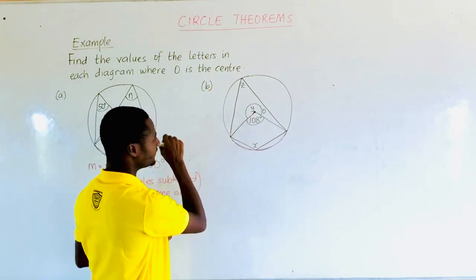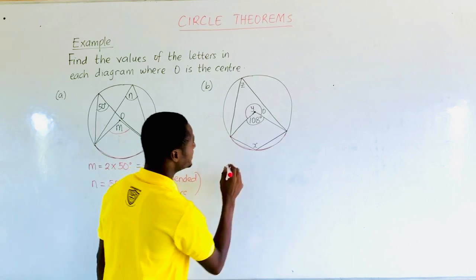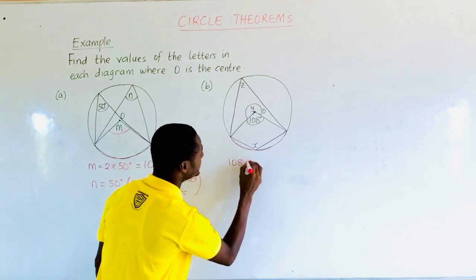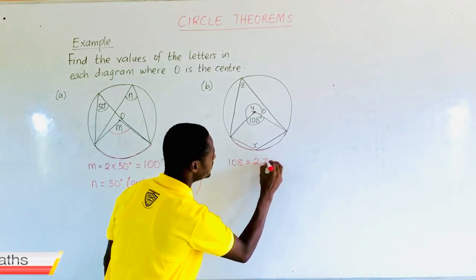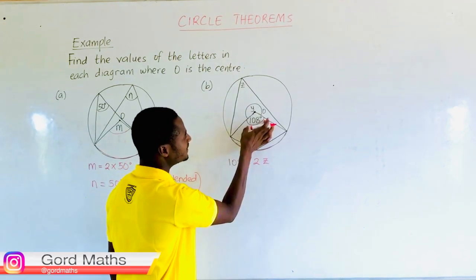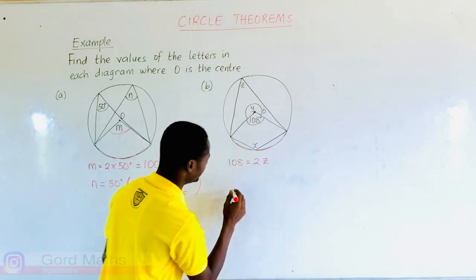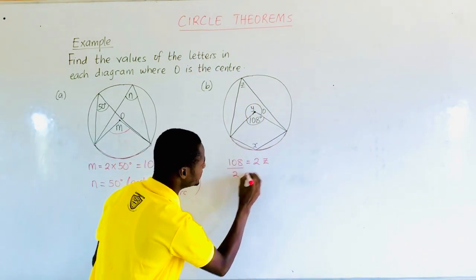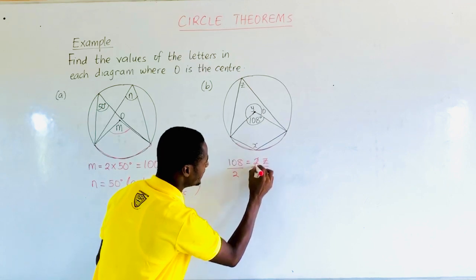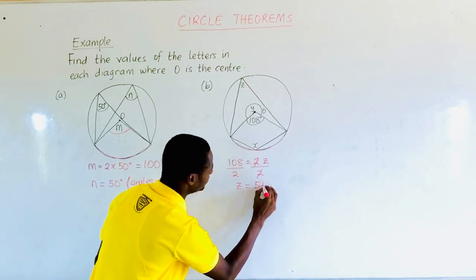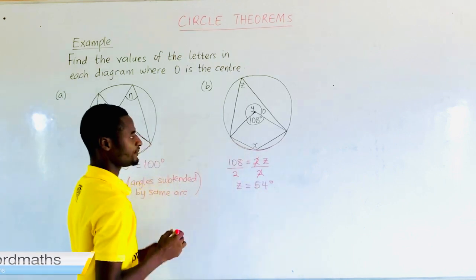So still from the first theorem, we would say that 108 is equal to 2z. The angle at the center is equal to 2 times the angle at the circumference. So we divide both sides by 2, and then our z will be equal to 54 degrees.